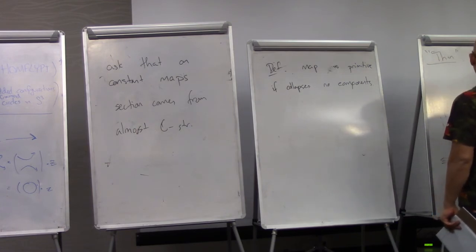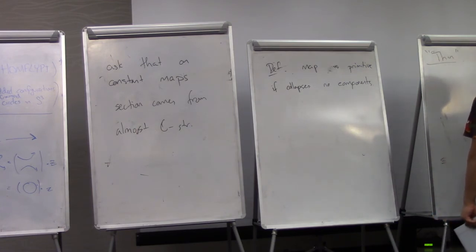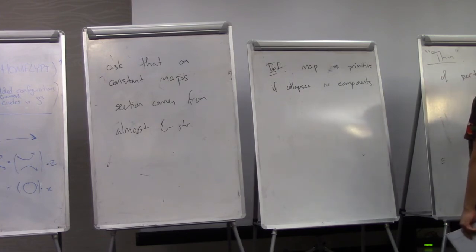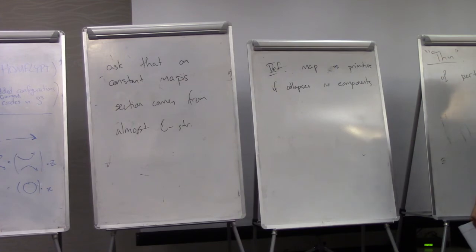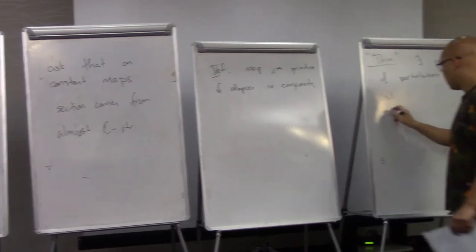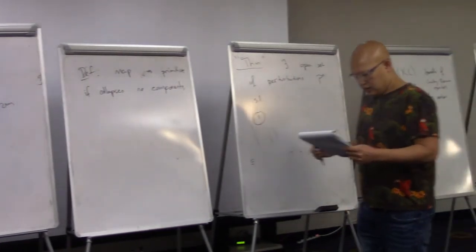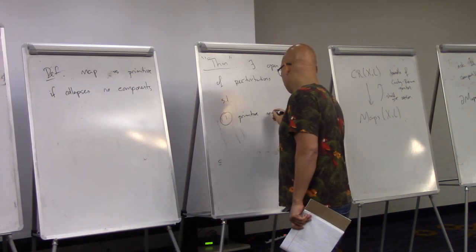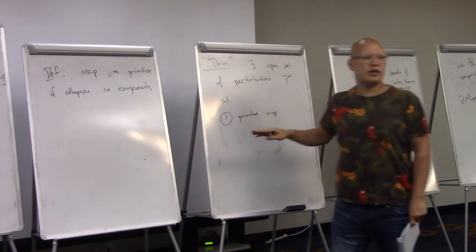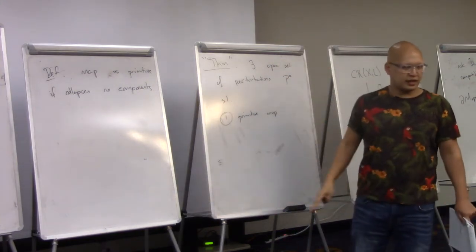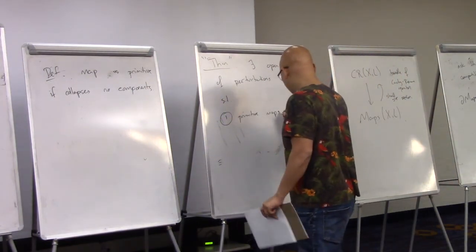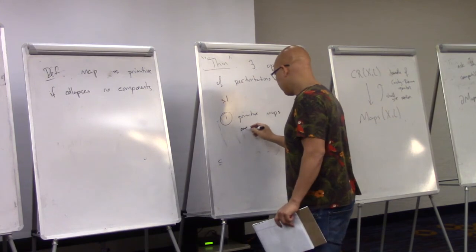It would mean there exists an open set of perturbations such that, first of all, primitive maps are smooth embeddings. I'm going to give a sufficient list of conditions which, if they were satisfied, the theorem would be proven.